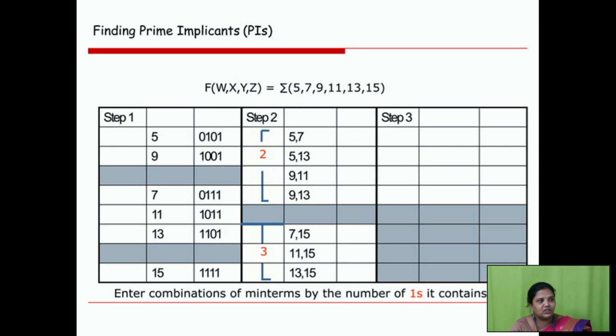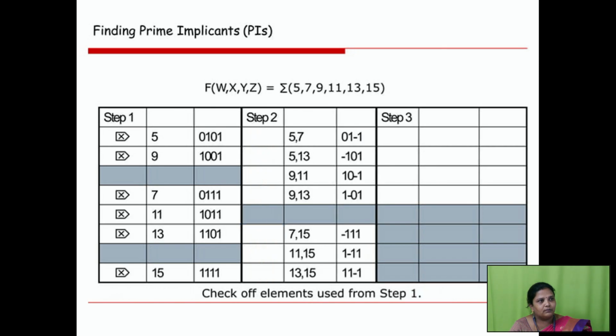The third position in 5 is 0 and in 7 is 1. Here we are differing. The fourth position is 1 in both. So only the third position is changing. So for 5, 7, for the next step we write 0 1 dash 1.